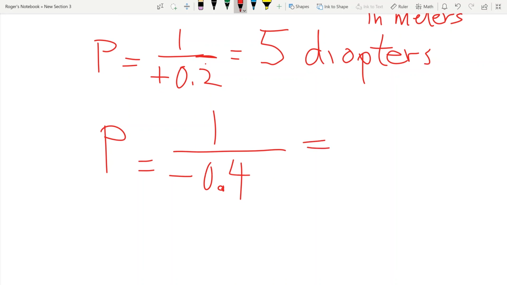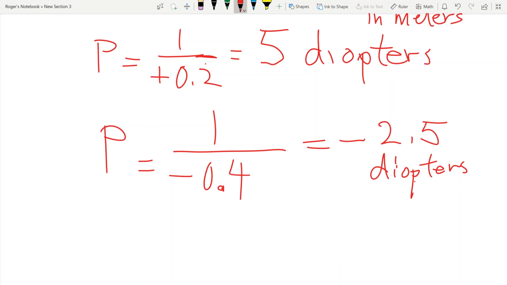Well, 1 divided by 0.4. 0.4 goes in 2.5 times, but it's negative. So this would be negative 2.5 diopters. Negative 2.5 diopters. So there you have an example that came from optometry.